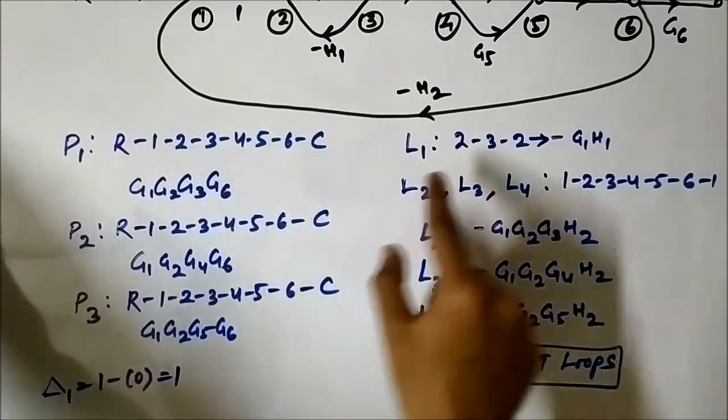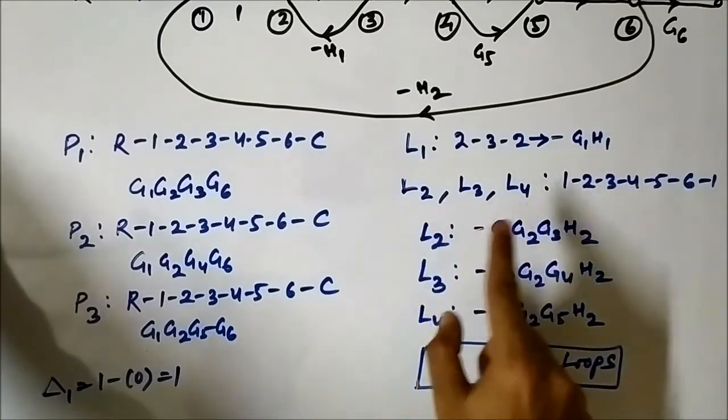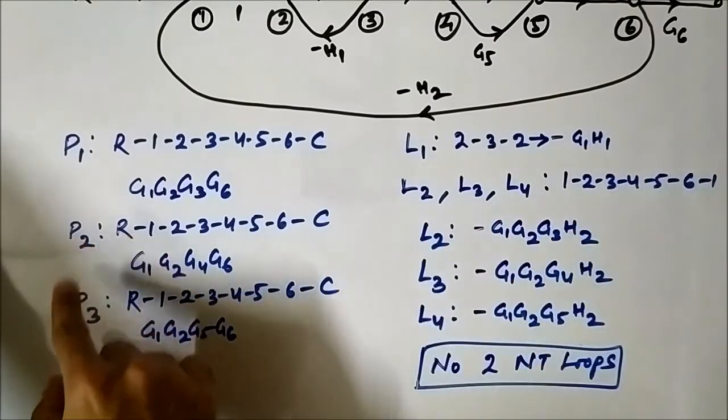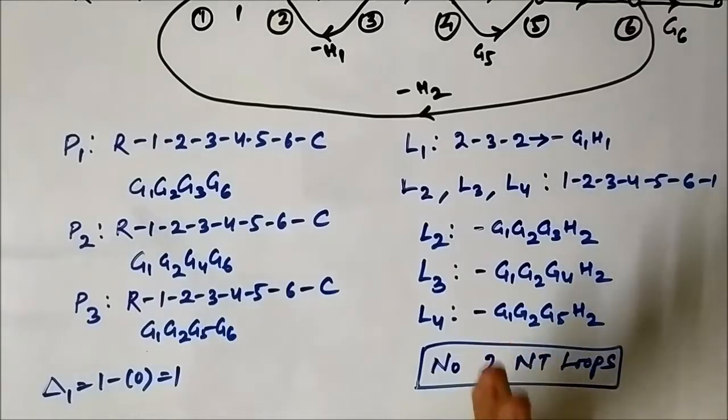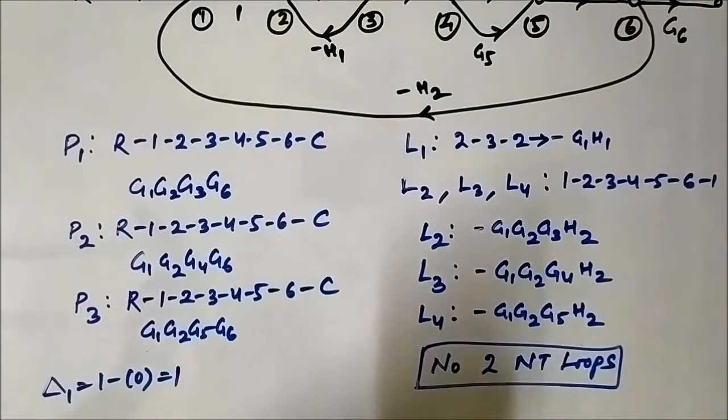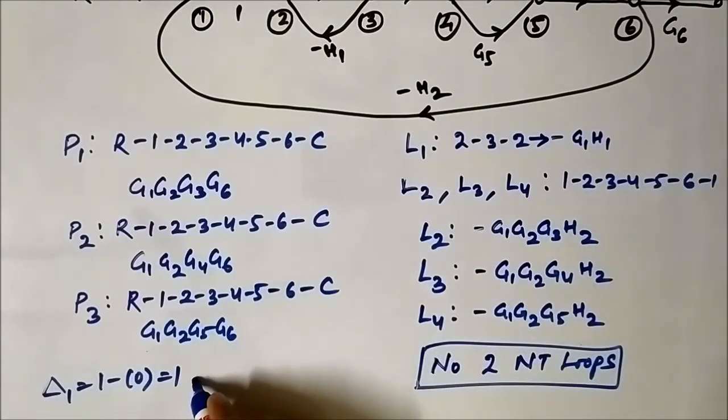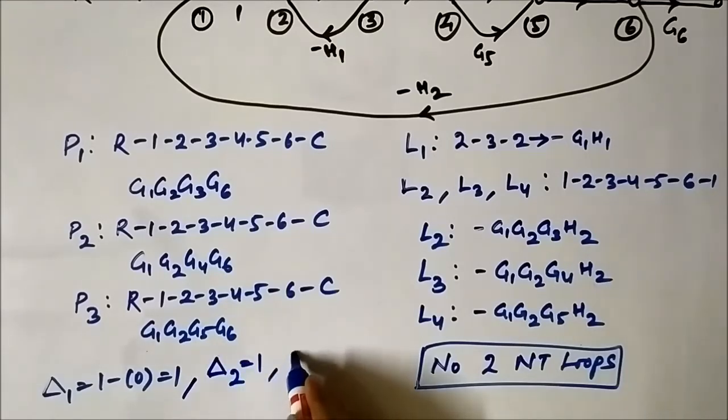So if P1 is touching all the loops L1, L2, L3, L4, it means by default P2 and P3 will also do the same. So no need to do anything. Our calculations got easy. So delta 2 is also 1, delta 3 is also 1.